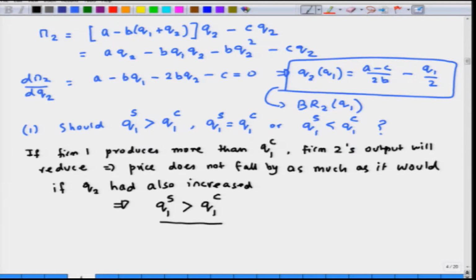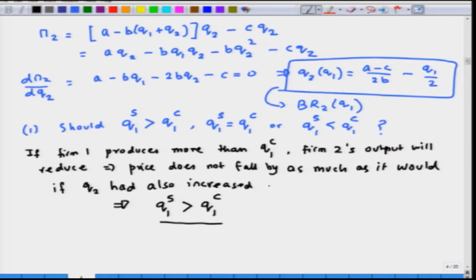The fact that firm 1 produces more leads firm 2 to produce less because its best response function is downward sloping. That prevents the price from falling by as much as it would have fallen had Q2 also increased, which is good news for firm 1. So, this is good for firm 1.